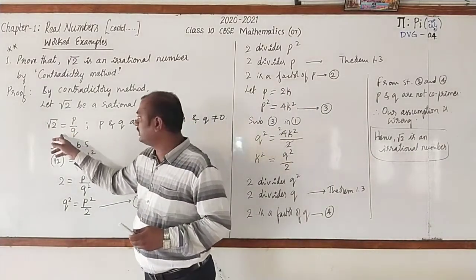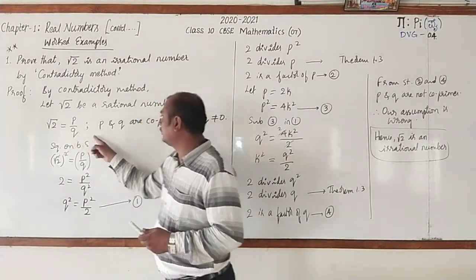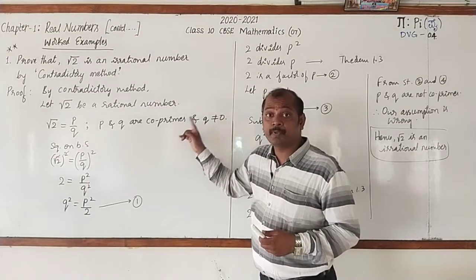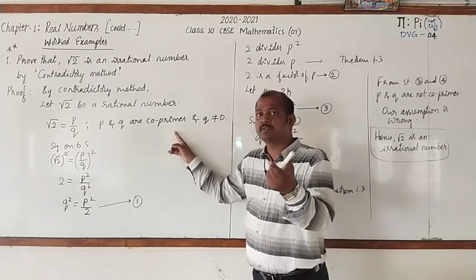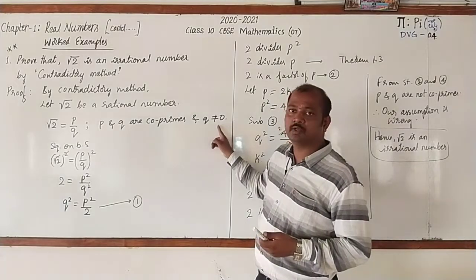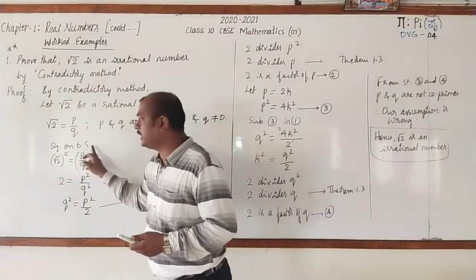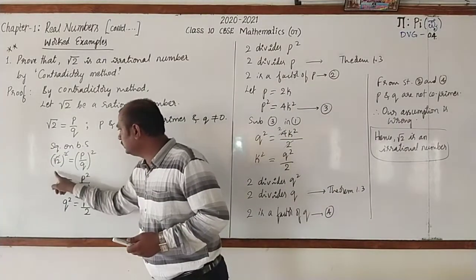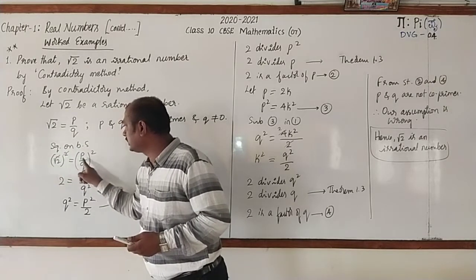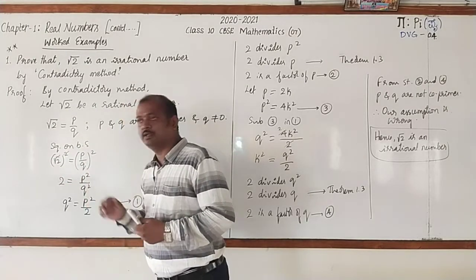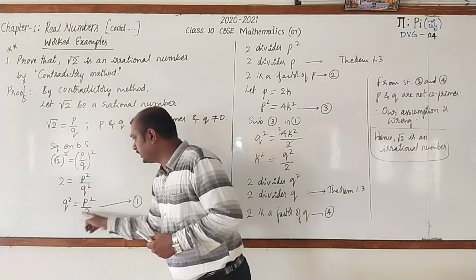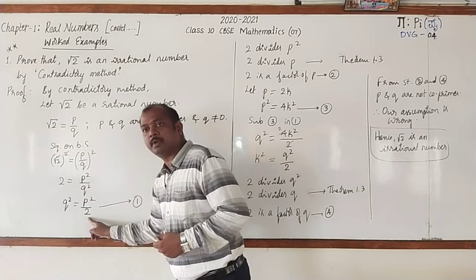As it is a rational number, it is in the form of p by q, where p and q are co-primes, a pair of numbers whose HCF is 1, and q is not equal to 0. Then squaring on both sides, the square and root get cancelled, and you will get p square by q square. Go for cross multiplying: q square equals p square by 2.